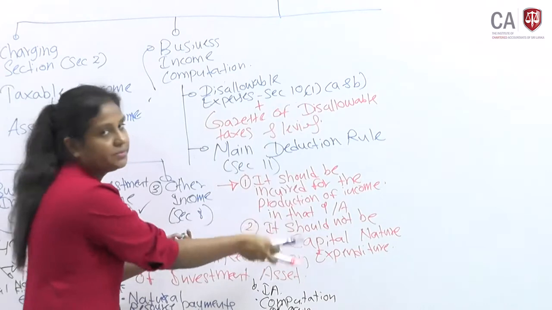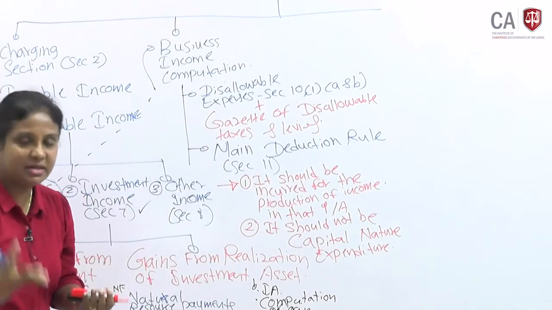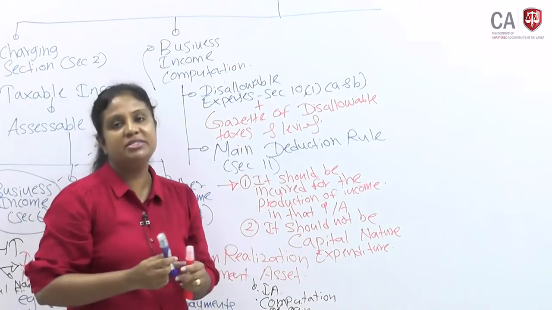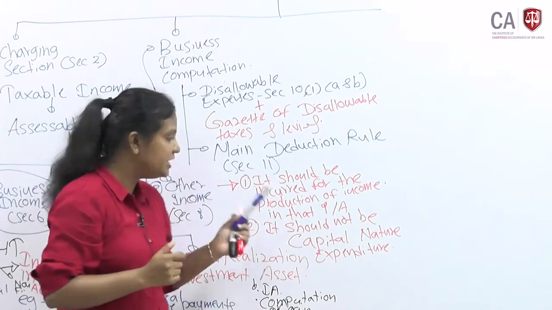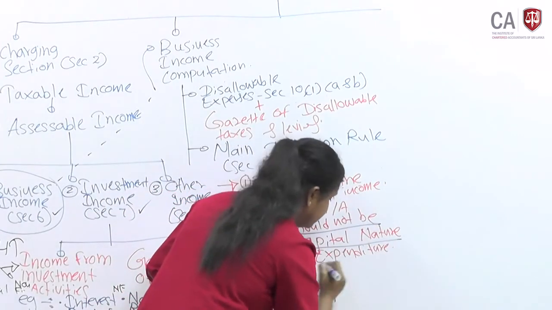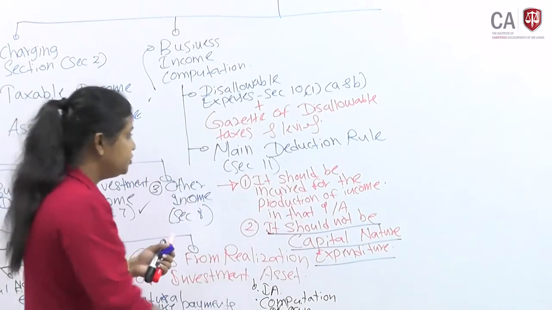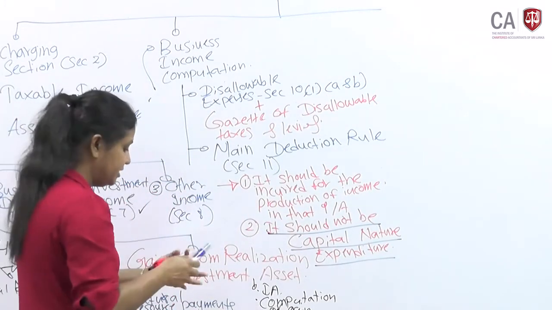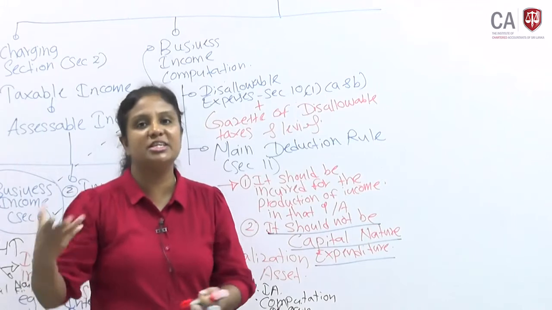Both, revenue or capital nature expenditure, how to determine, and any expenditure incurred for the production of income. These two are very, very important. It shall not be a capital nature expenditure, and it should be incurred for the production of income in that year of assessment.